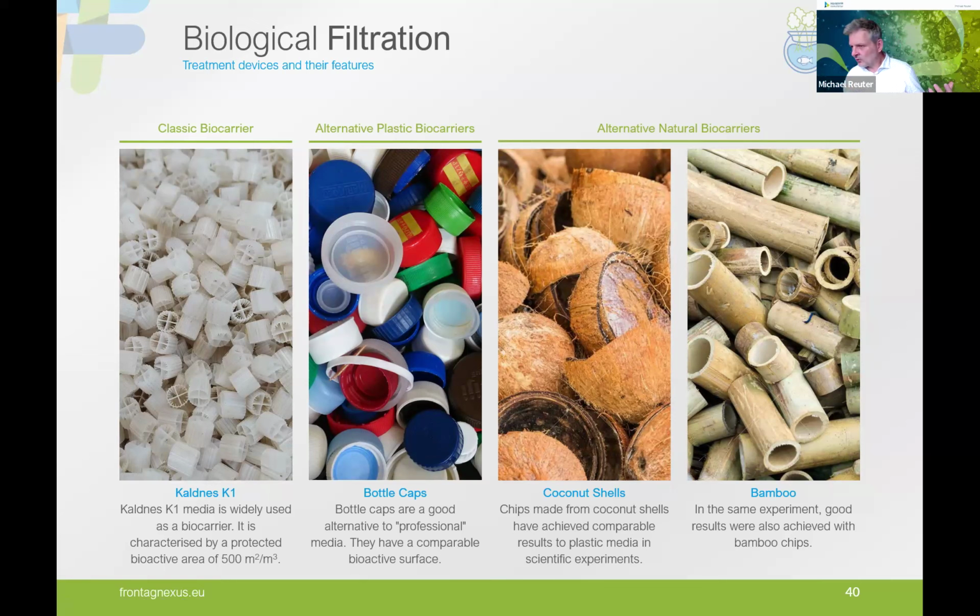But we can also substitute these classical biocarriers that we have to buy with something that we might find locally. One alternative might be plastic biocarriers like bottle caps that also have quite a high surface compared to the volume they offer, but they are made of plastic.